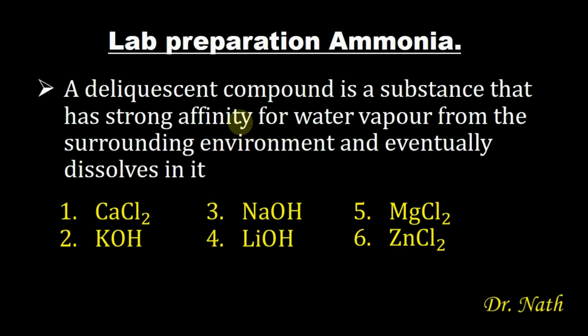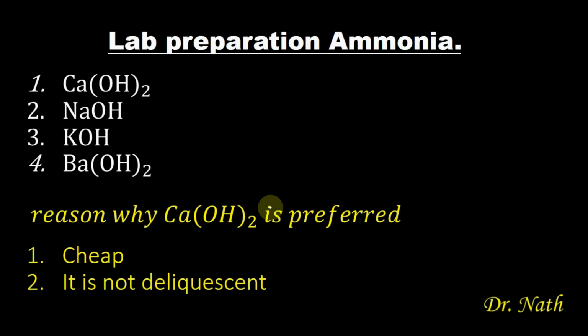And why are they deliquescent? Because they have strong affinity for water vapor from the surrounding environment, and they eventually dissolve in it. So if you use, for example, sodium hydroxide, it will absorb water from its environment and dissolve in it, and so you can no longer use it for the preparation of ammonia.